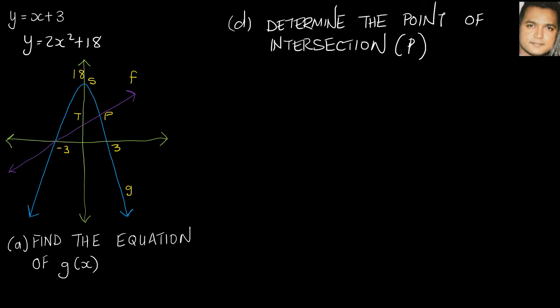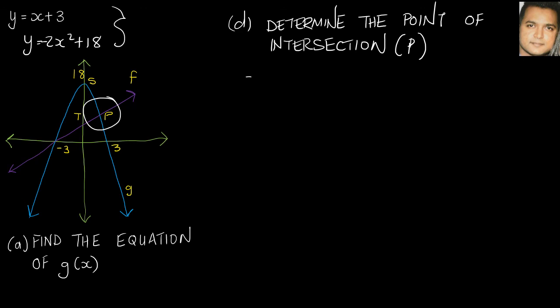So determine the point of intersection. Right, now remember the graph is minus 2x squared plus 18. So what is the point of intersection? That's P. It is this area here. So by this we mean that these two graphs are equal at that point. So all I need to do is take these two graphs here and equate them to each other and solve it.